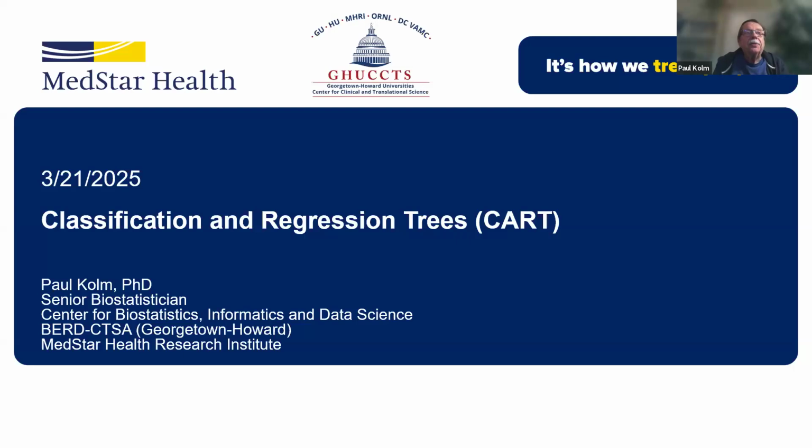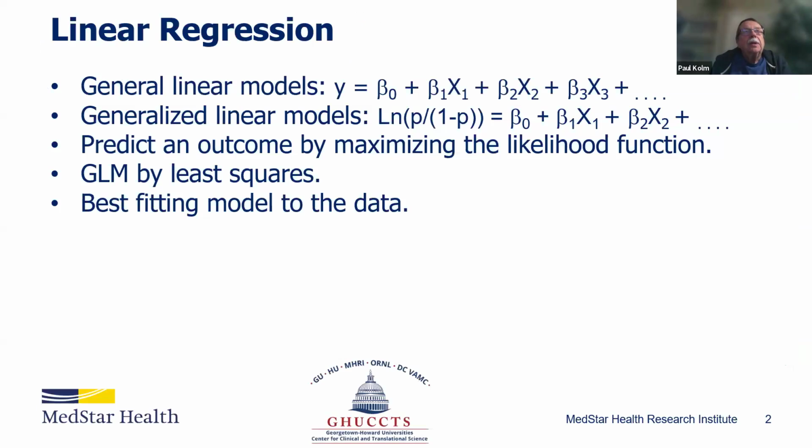What we're going to discuss today is referred to as classification and regression trees, or CART for short. So in linear regression, or the general linear model, we have a continuous outcome, y in this case, and then an equation that involves the predictor variables that we think are affecting the outcome.